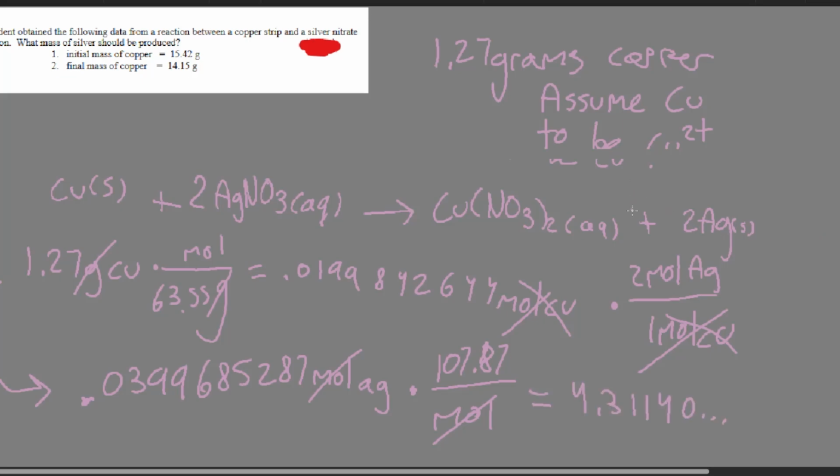And let's see how many sig digs there are. 1, 2, 3, 4. There's 4 sig digs. So your final answer should indeed be 4.311 grams of silver.